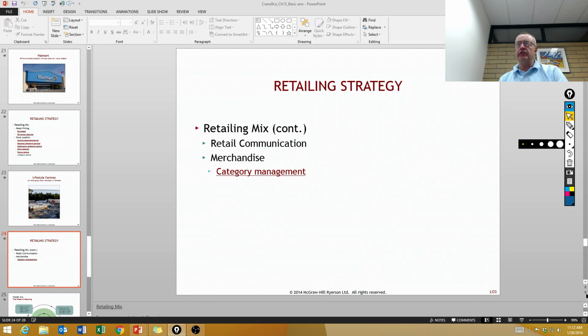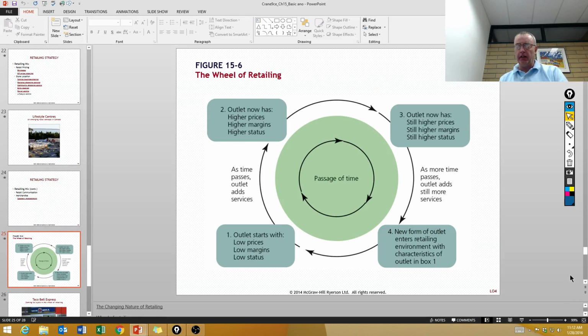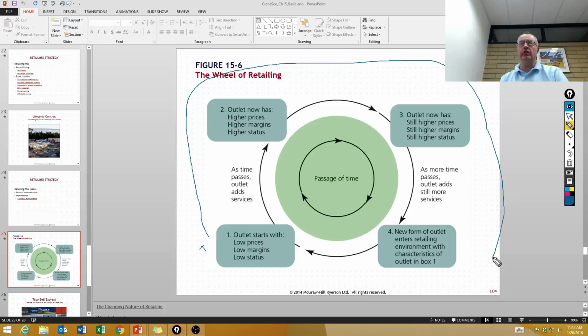So we have this concept of the wheel of retailing. So in this little diagram here, we move clockwise. We start here, and the retail industry sort of follows this clockwise pattern.